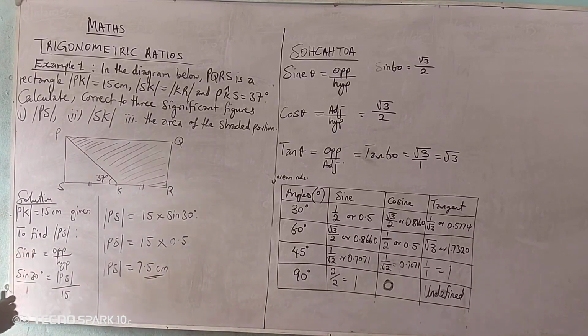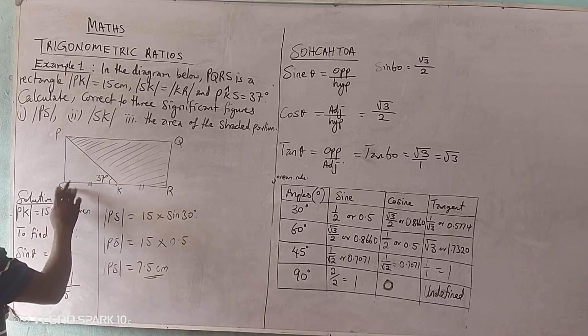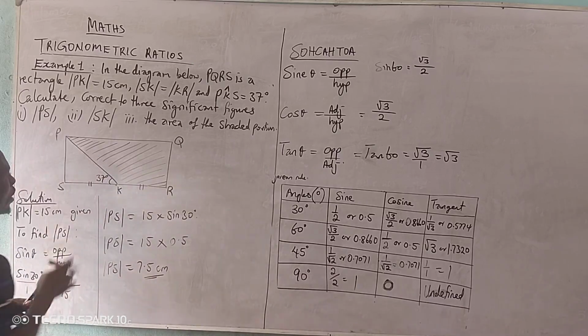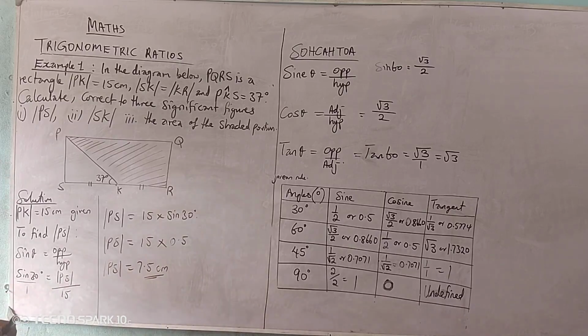Now let's find line SK. To find line SK, we can use Pythagoras, or we can still use cos theta. Cos theta is equal to adjacent over hypotenuse.